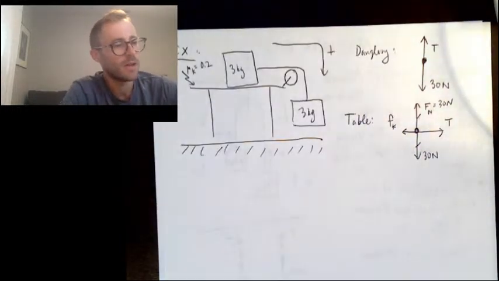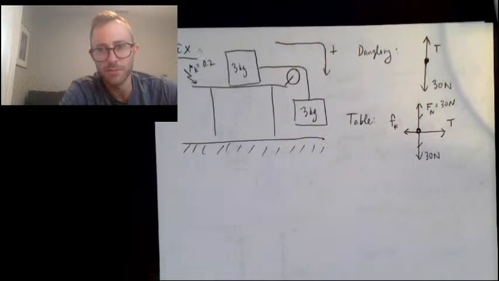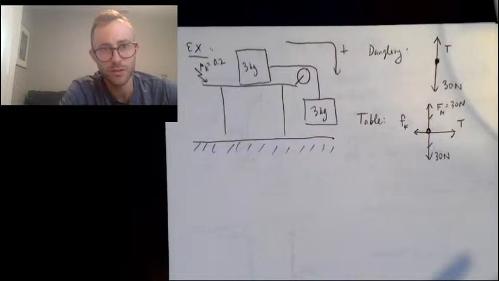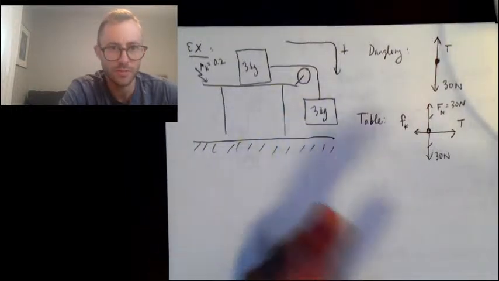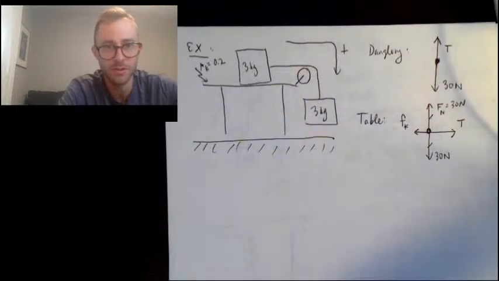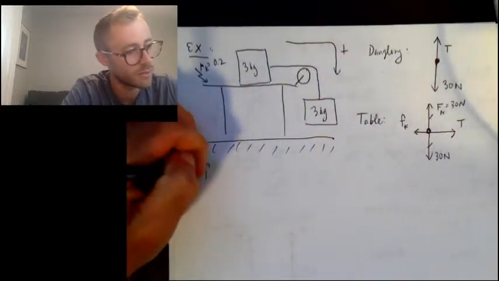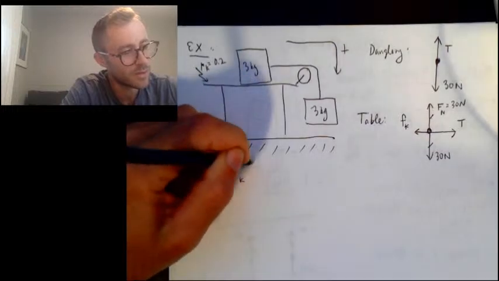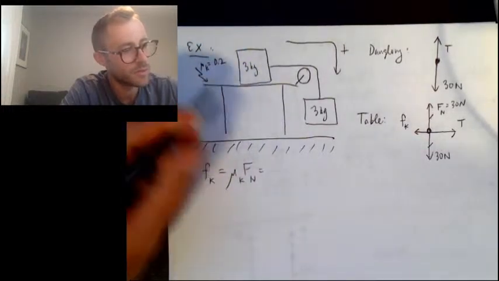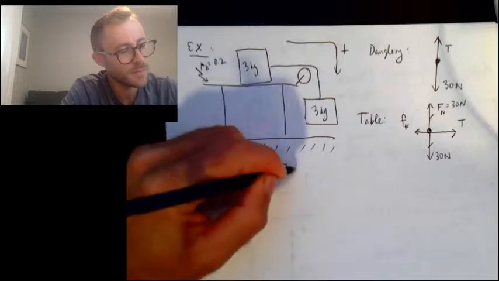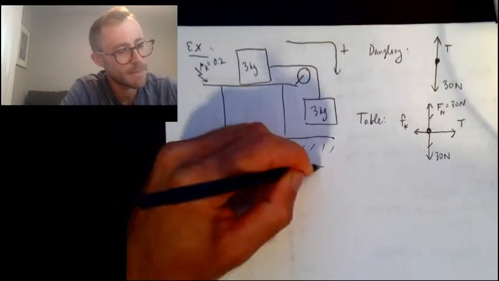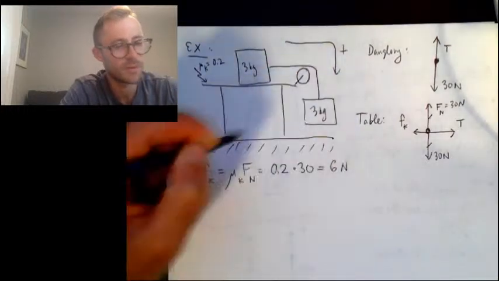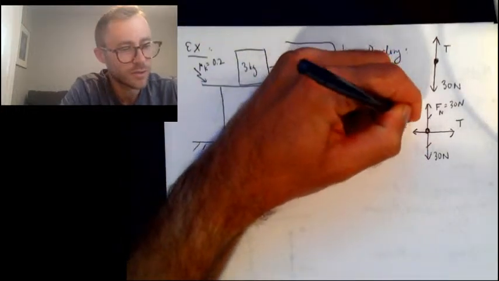And if you recall from previous lessons, the normal force is what allows us to calculate the amount of friction, either the maximum static friction or, in this case, the actual value of the kinetic friction. So the formula for kinetic friction is mu sub k times normal. So that's going to be 0.2 times 30, which is 6 newtons. Okay? So I know that this is 6 newtons.